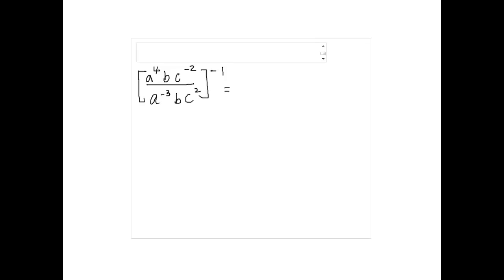First, by the power rule, negative 1 gets distributed to all the factors inside the brackets. So we have a to the negative 4 b to the negative 1 times c squared over a cubed times b to the negative 1 times c to the negative 2.